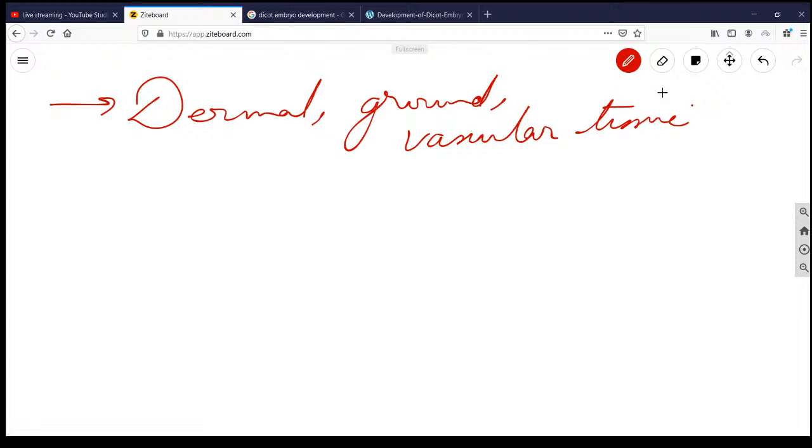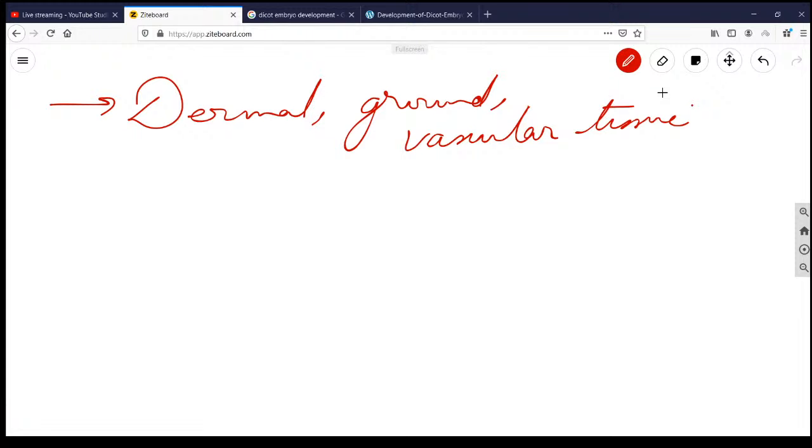After this, the globular shape of the embryo is lost as the cotyledons, which are the result of the embryo differentiation itself, begin to form.